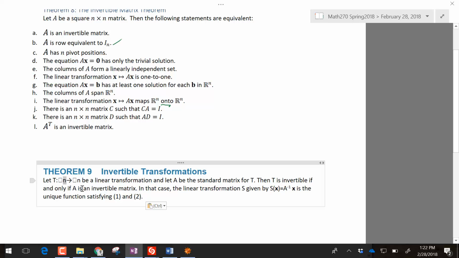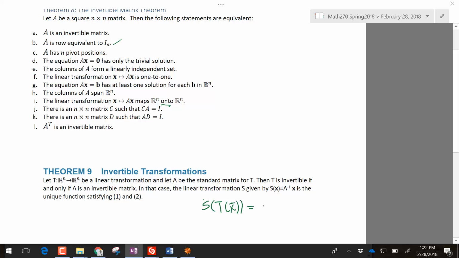Anyways, if T is a linear transformation and A is a standard matrix for T, then T is invertible if and only if A is also invertible. So, sure. And then backwards.